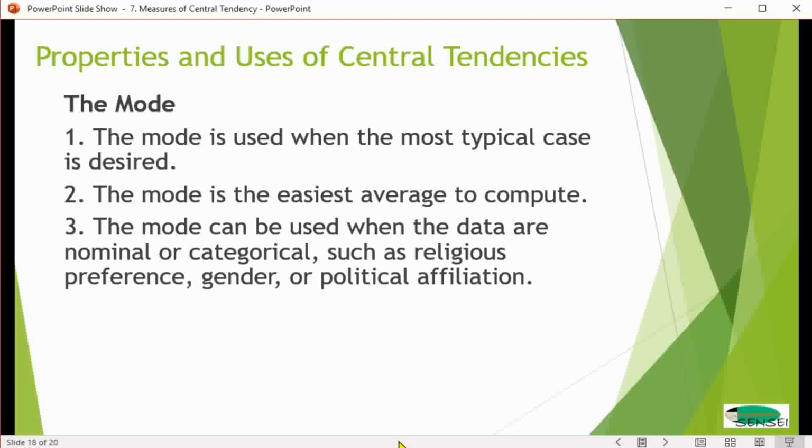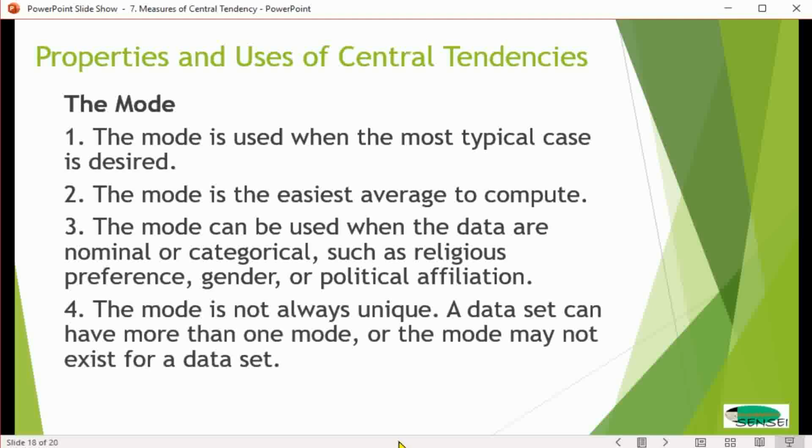And it's used preferably for nominal or categorical data sets. Categorical meaning could be religious preference, gender, or political affiliation. Lastly, it's also not unique because there could be several modes in one distribution or may not have any mode in one distribution.